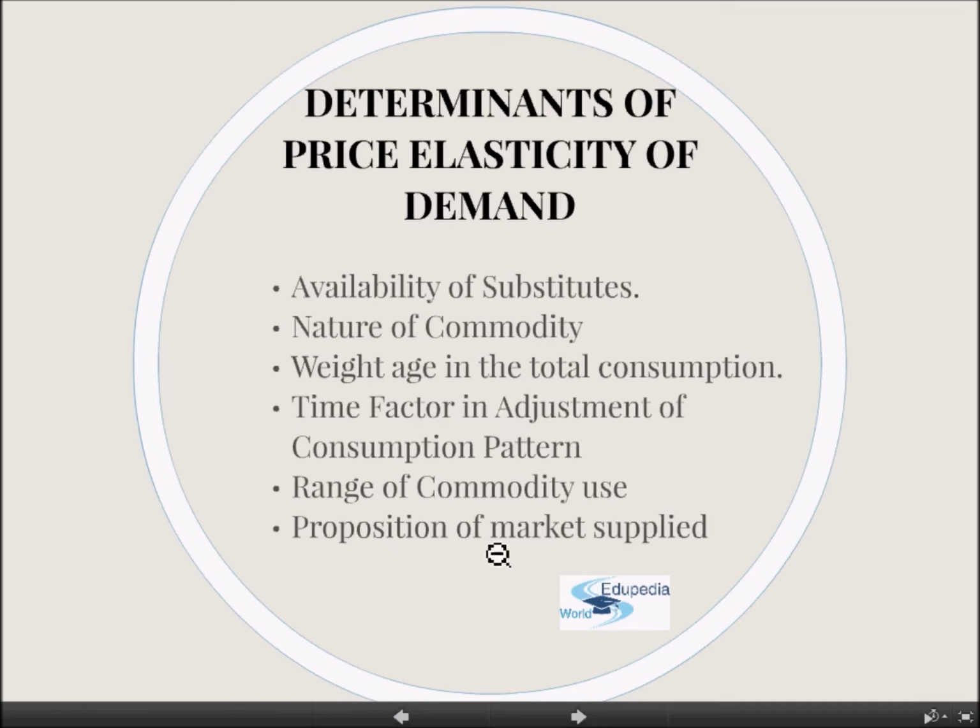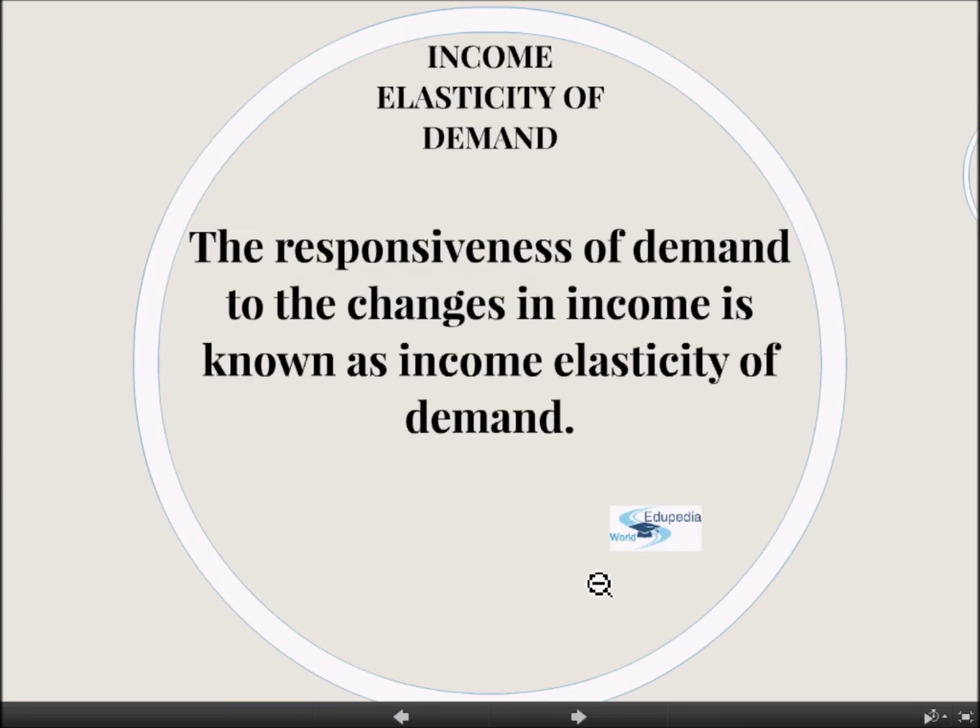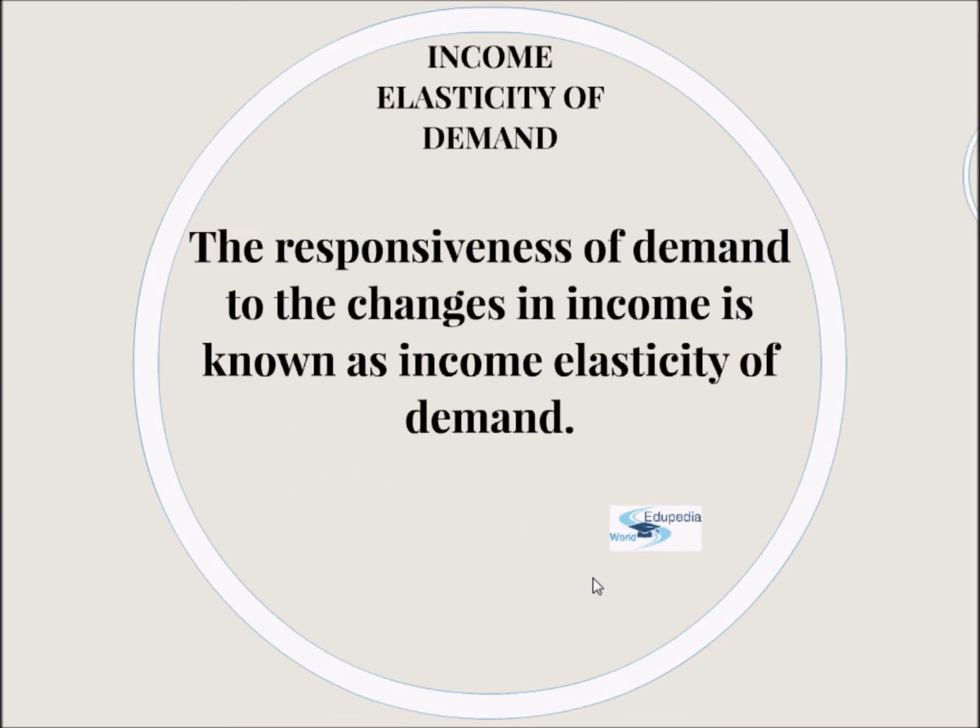But if more than half of the market is supplied at a particular price, the demand for that particular product will be inelastic. Now the next type of elasticity of demand is the income elasticity of demand.